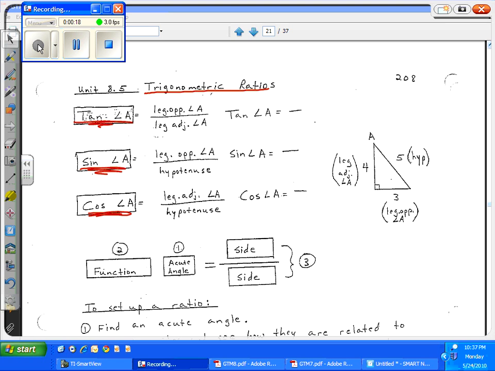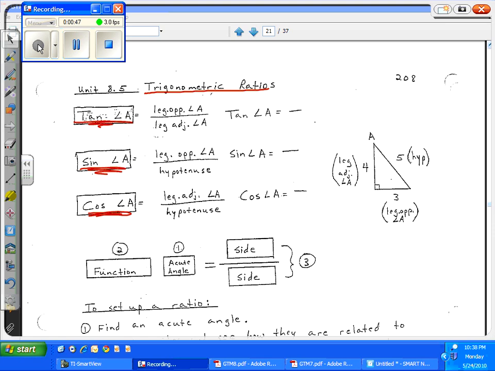If we know two sides of a right triangle and we're looking for the third side, we can use the Pythagorean theorem, c squared equals a squared plus b squared, to solve for the missing side. If we know that it's a 30, 60, 90 or 45, 45, 90 triangle and we know only one side, then we could use the formulas for 30, 60, 90 or 45, 45, 90 to find the missing sides.